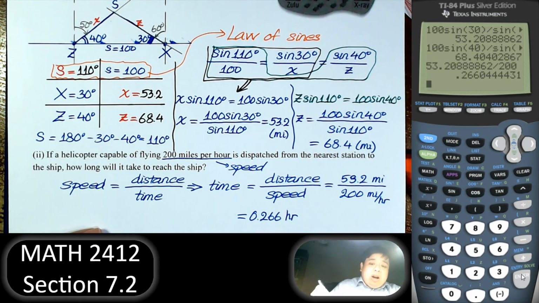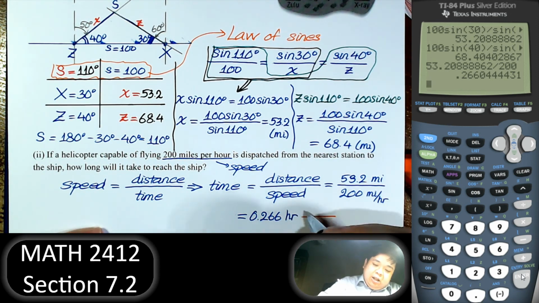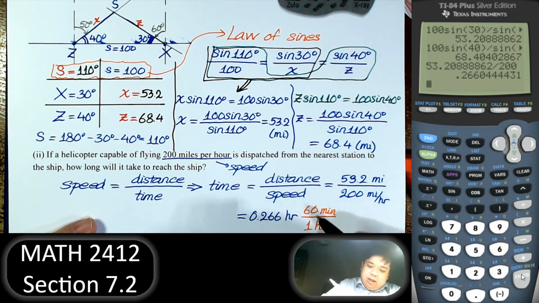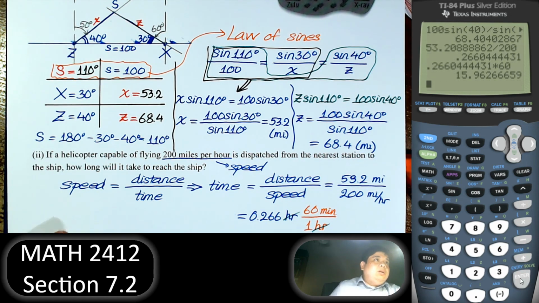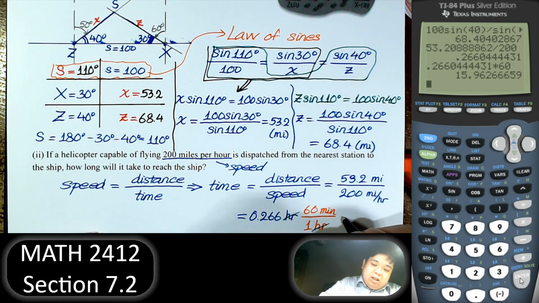Now, 1 hour is 60 minutes. Cancel out that, so we multiply that by 60, and we have 15.96.